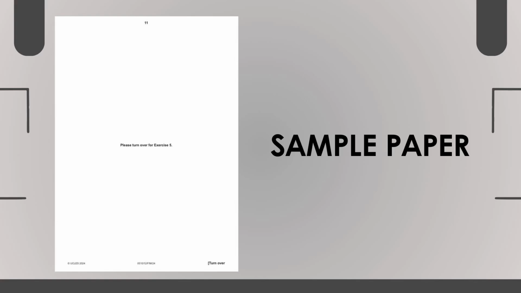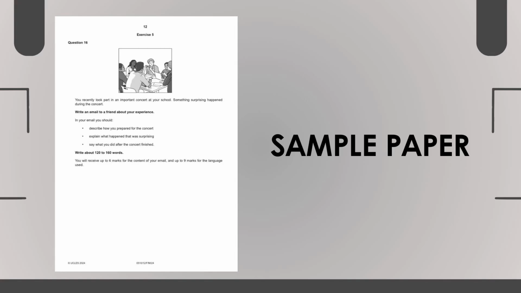Well, now, when you see this page saying please turn over for exercise 5, this is the indication that we are going into the writing parts of this exam paper. Let's have a look at what is in exercise 5. Exercise 5 is where you can find question number 16, and it is actually an email writing question.